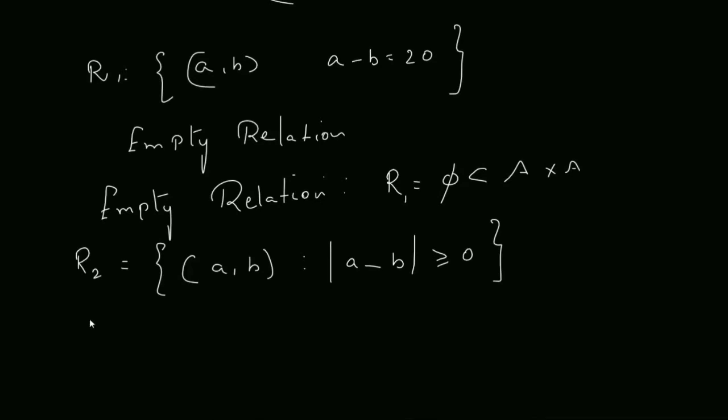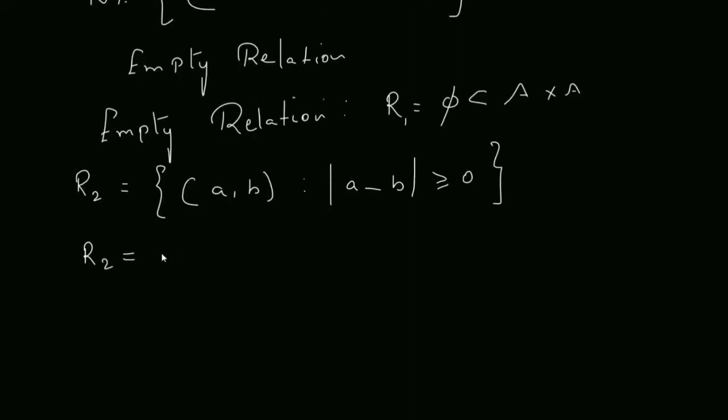So what will you write as a set R2 now? Is it A cross A itself, isn't it? R2 is A cross A, the full set. Here R1 is the empty set, here the full set. So this relation is called universal relation. So if the relation has all the elements of A cross A, then it is called a universal relation.